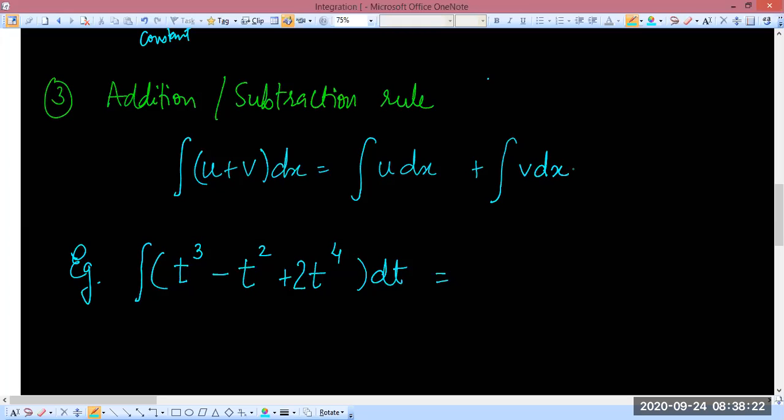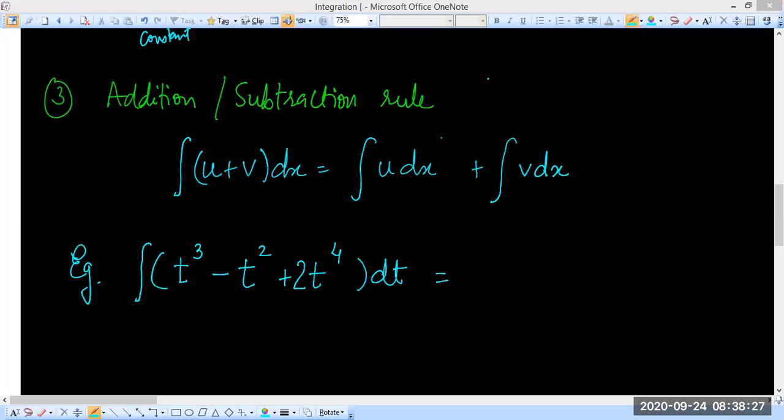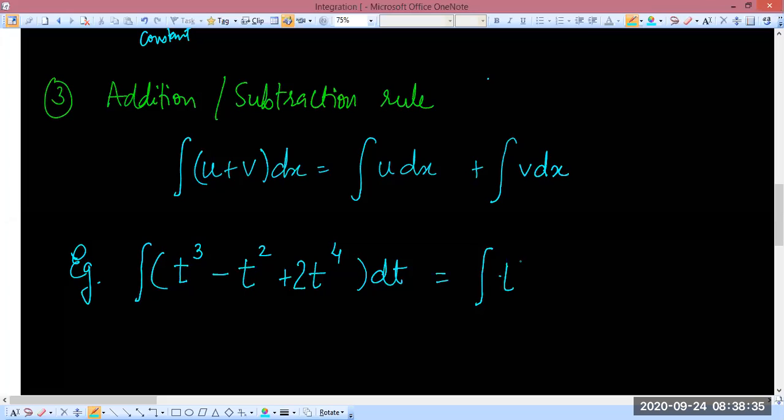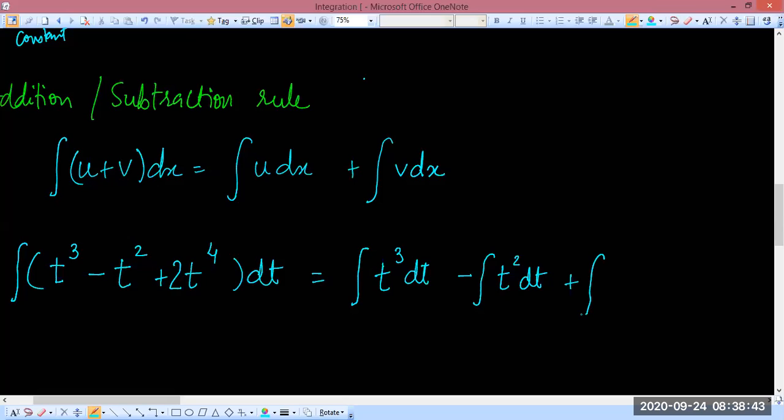Can you try it, everyone? First step will be as follows. You write it like this. Separate everything. I'm just writing the first step so you can get started.